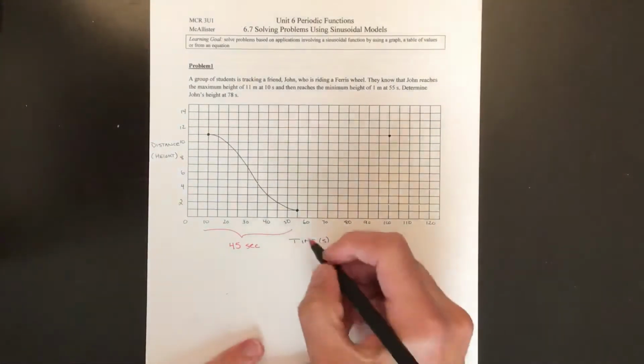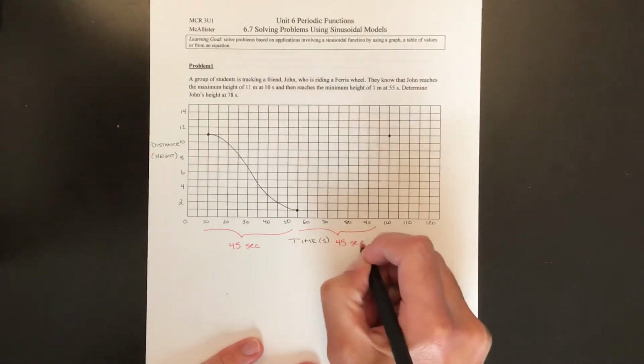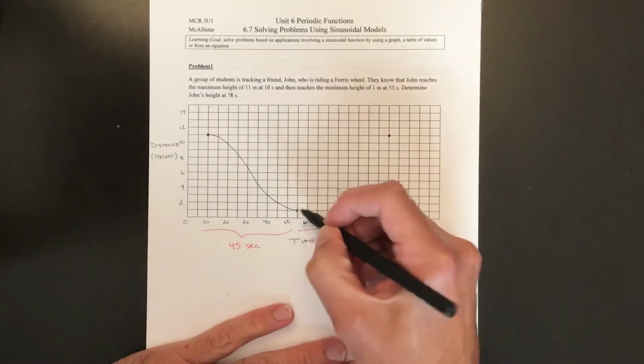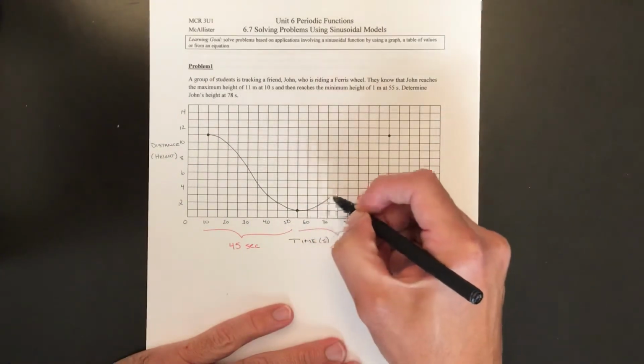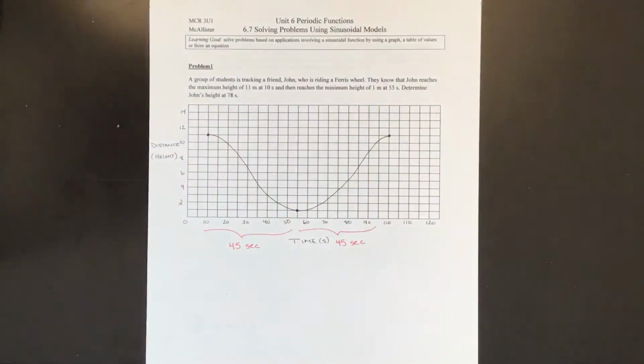Because we go from here, and then we go another 45 seconds to get back up to the top to complete one cycle. So we connect those kind of like that. And now we have one complete cycle from the top of the Ferris wheel back up to the top.